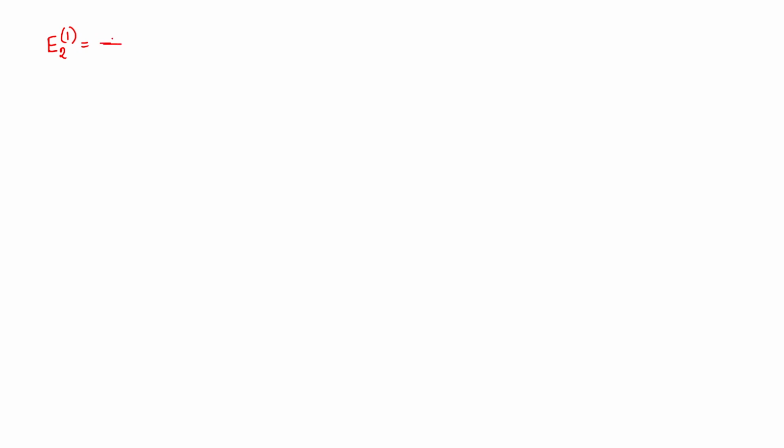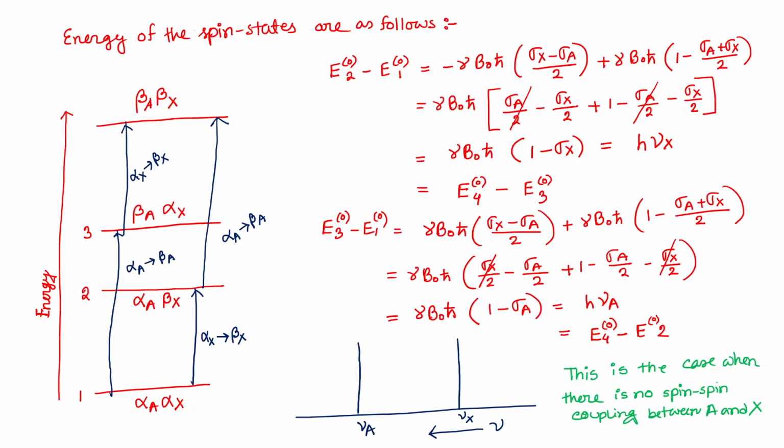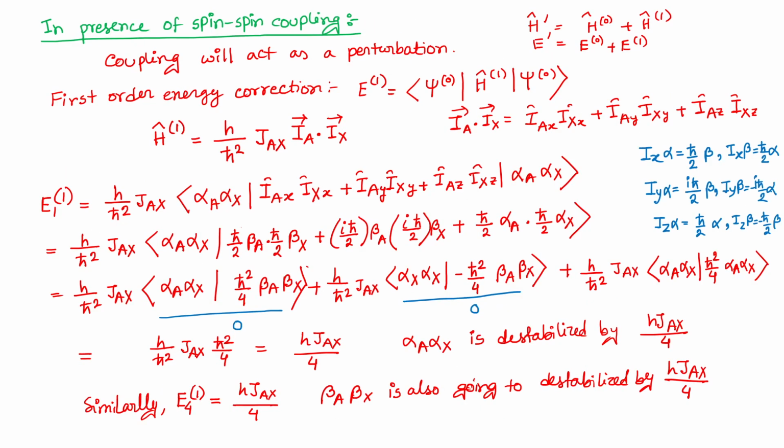So we will take this out, h cut square JAX. Your unperturbed part of the wave function is alpha A beta X, right? And then obviously IAX. I made one mistake, I guess. So I will just change a few things here and there.